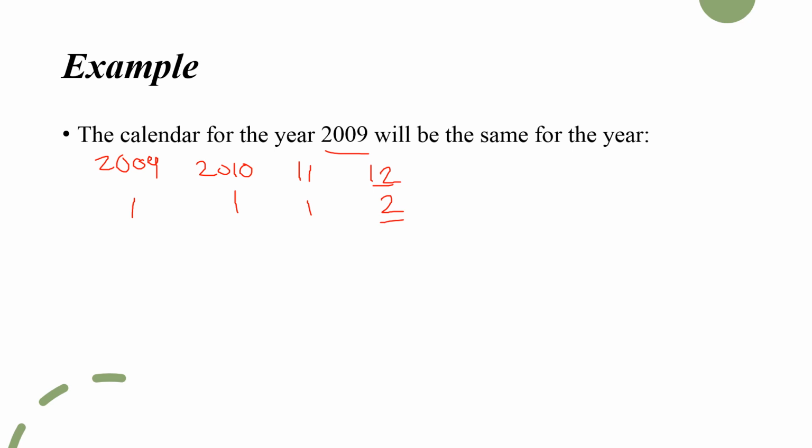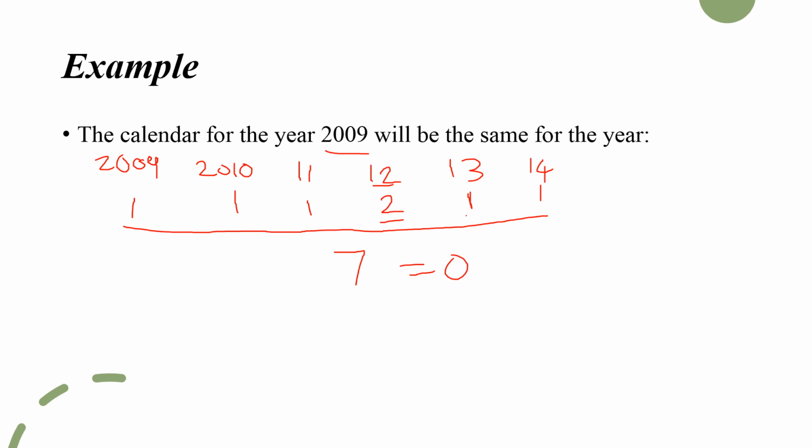For the year 2013, one odd day will be there. 2014 has one odd day. If we add all the odd days here, it becomes 7. So the number of odd days here becomes 0, because there are 7 days in a week.